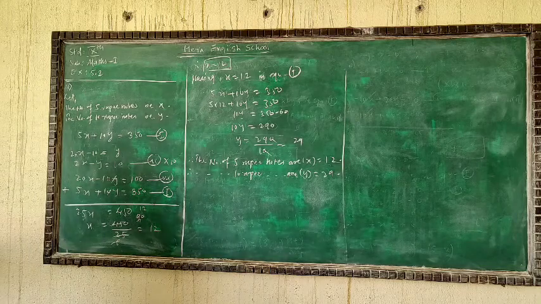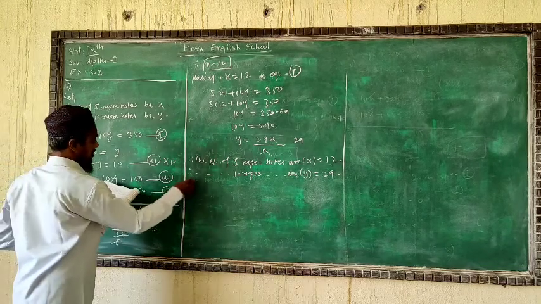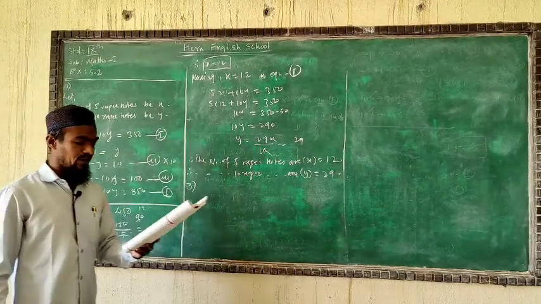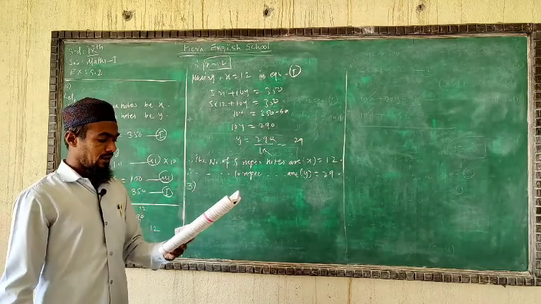Okay, you got everyone? Now for the question number, see third one, everyone, this question depends on the age. The sum of ages of Priyanka and Deepika is 34.